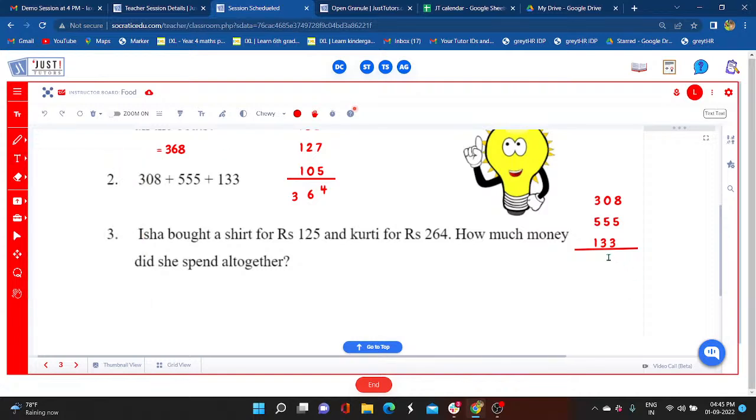So 8 add 5 is 13, add the 3 is 16, right?